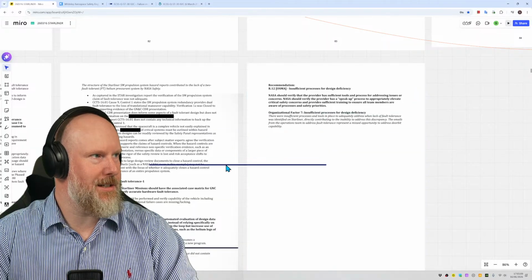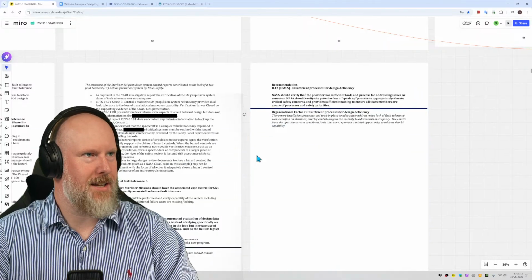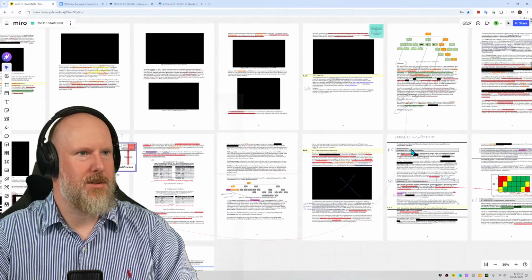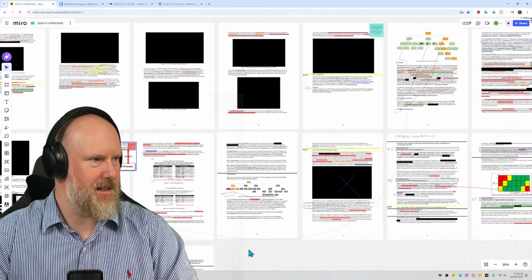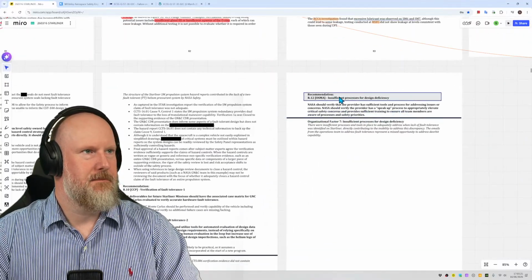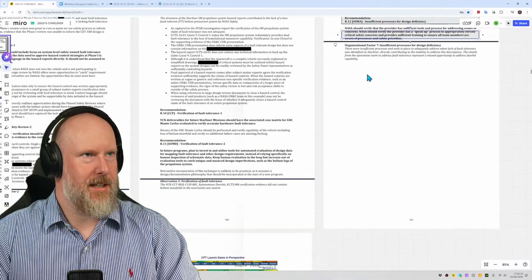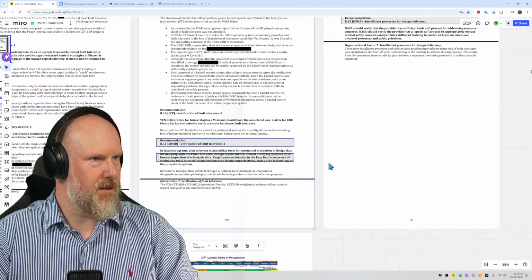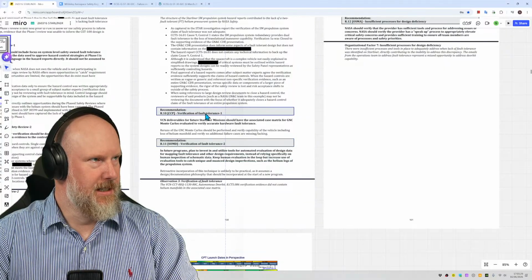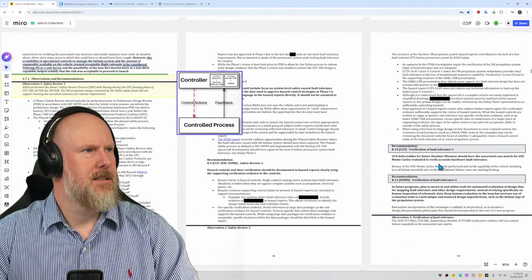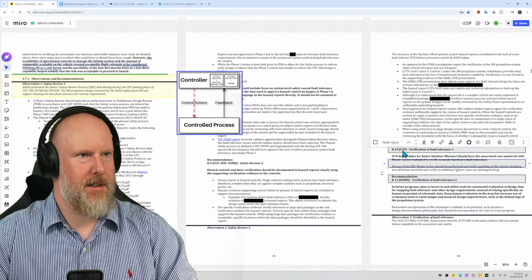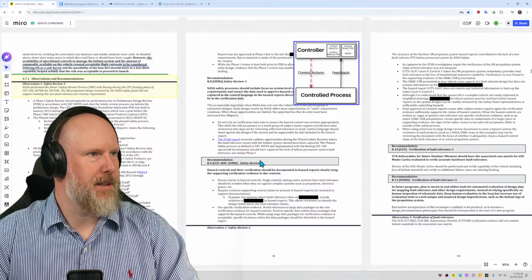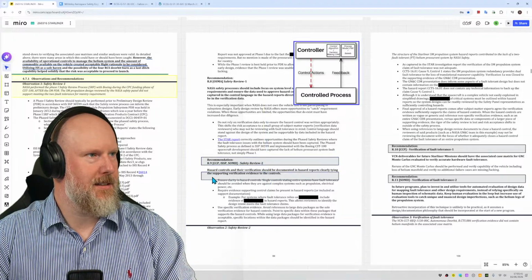Okay, so there's various parts to this. That's organisational factor 7 with a recommendation. Let's put some boxes around it like we did the other day so it's easier to see. So we've got a recommendation there, recommendation 12, recommendation 11, recommendation 10, recommendation number 9, recommendation number 8.